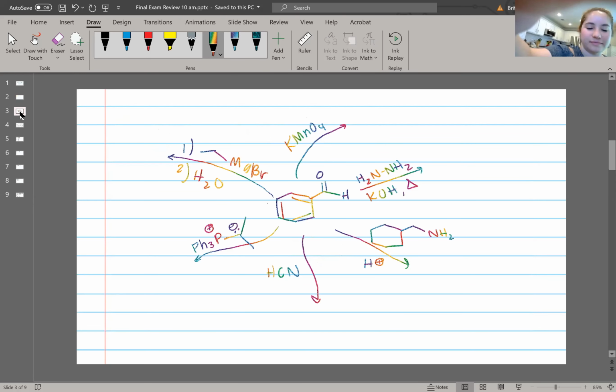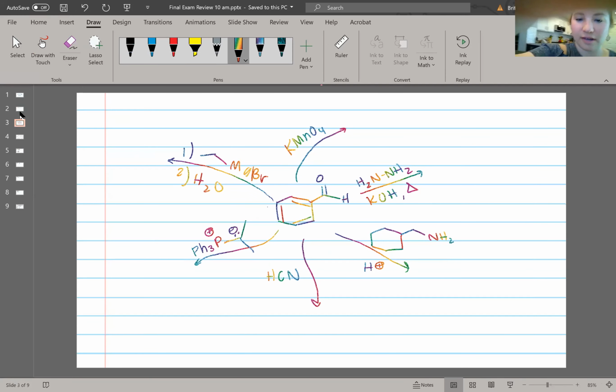Okay, so on this first page, we're going to start with benzaldehyde, and we're just going to crank out a couple different reactions. So take a minute and try to figure out some of these if you can. If there are ones that you don't know, just skip them for now.